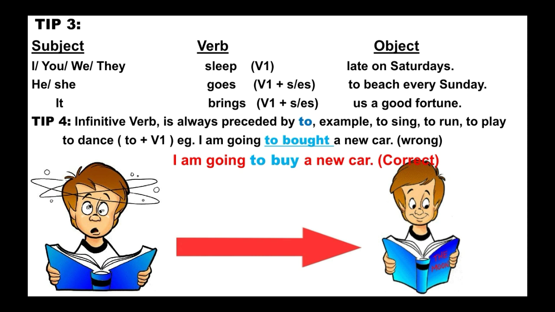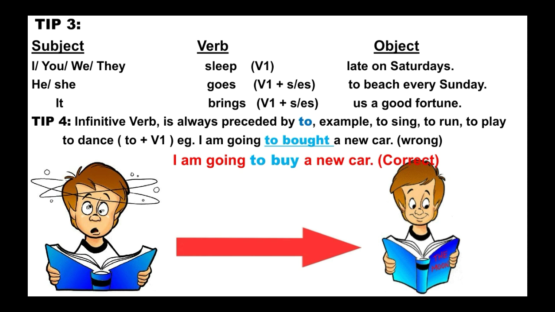According to that, we have I, you, we use first form of verb. The statement becomes I sleep late on Saturdays, you sleep late on Saturdays, we sleep late on Saturdays, they sleep late on Saturdays.